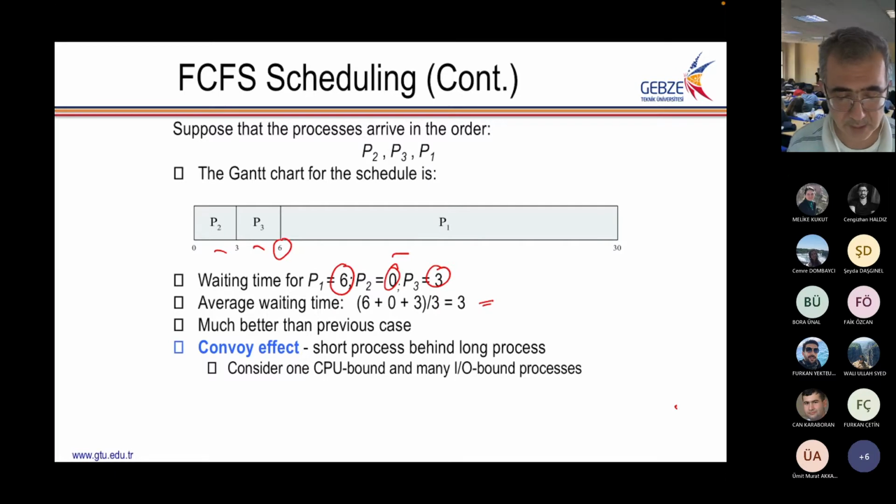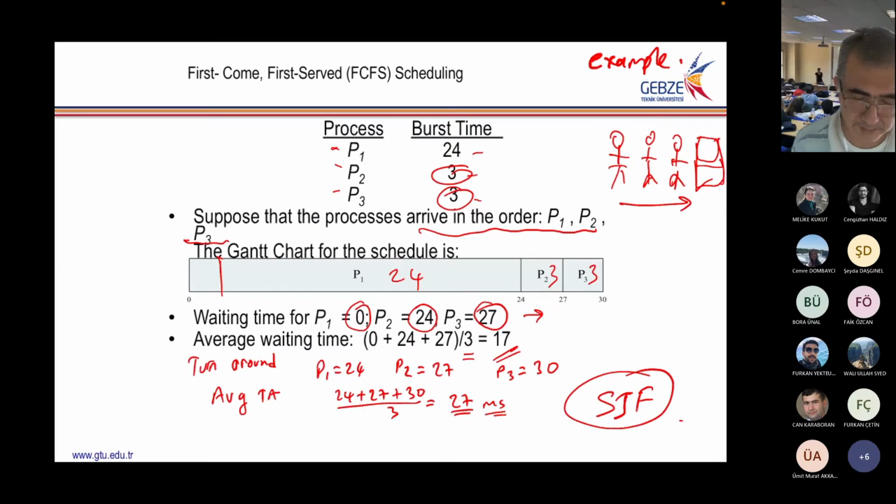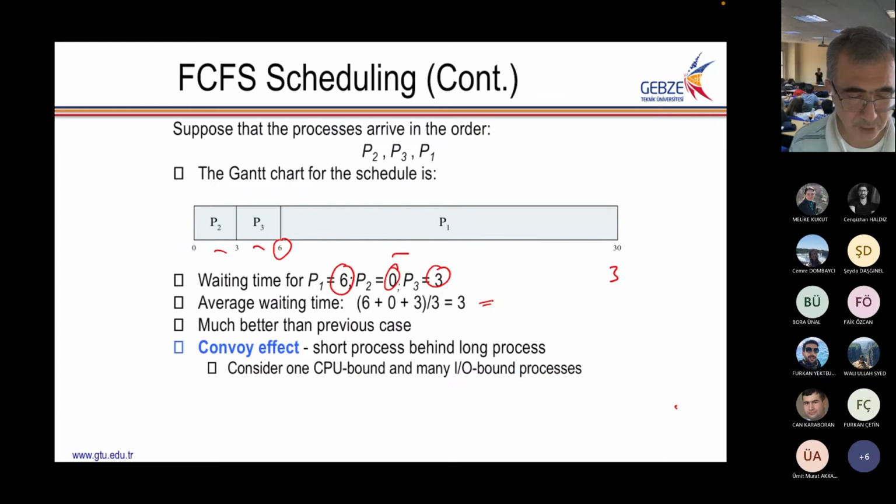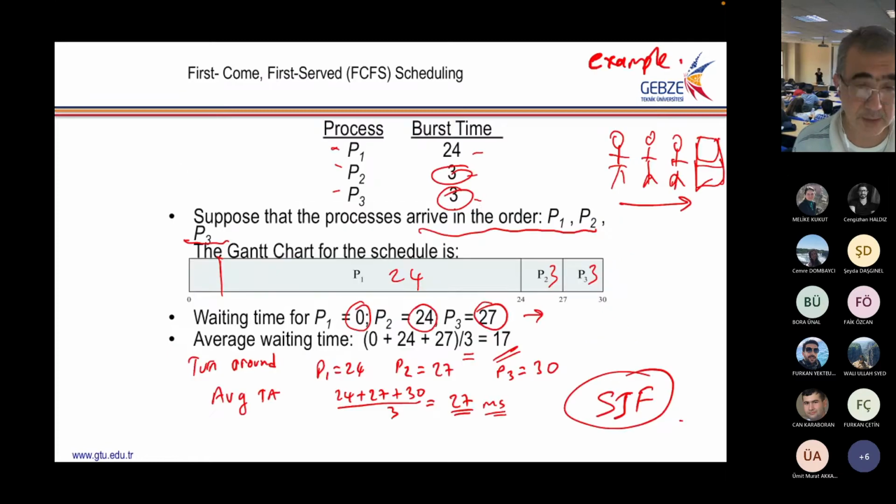So 3 versus 17. So turnaround time of P2 is 3. Turnaround time of P3 is 6. Turnaround time of P1 is 30. So total will be 39. And average turnaround time is 13 milliseconds, with respect to 27 milliseconds. So it's much better.